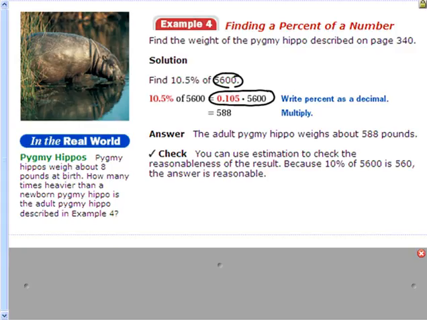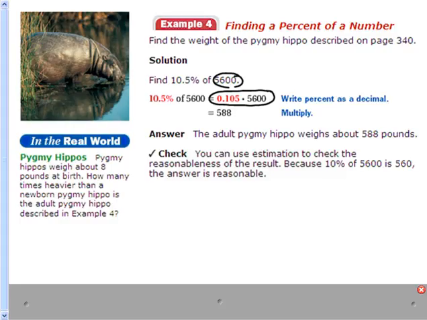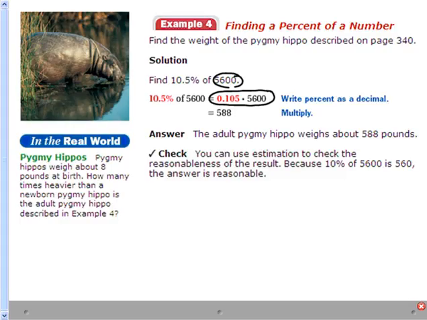Now, how did they do that? If you're not allowed to use a calculator, you can either use traditional multiplication or you can use lattice. For traditional, you might set it up like this, 5,600 times 105.